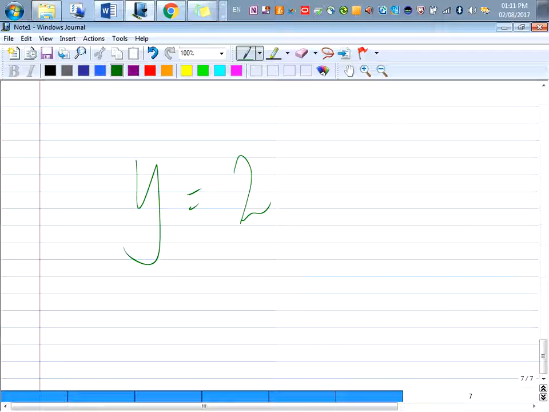Y equals to 2x to the power of 1. Yes, that is the correct one.